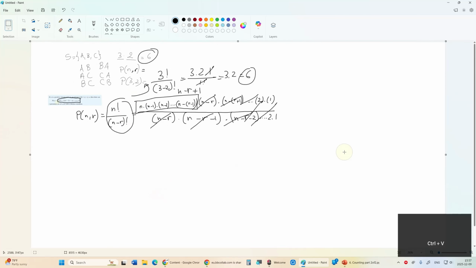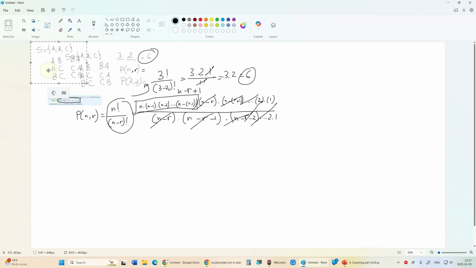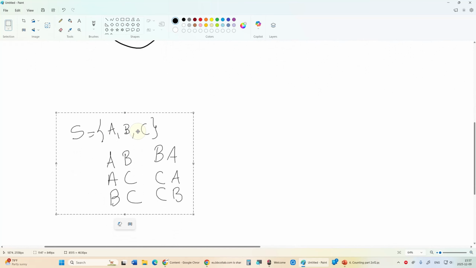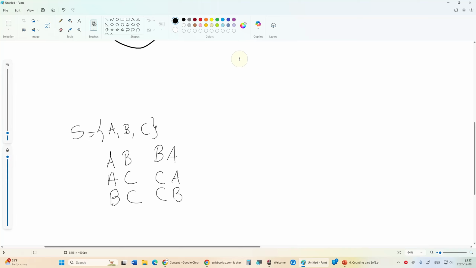Now I would like to do the same exercise, but this time I don't care about the order. That means I don't want those combinations. If the order doesn't matter to me, then if I do this, that's enough.